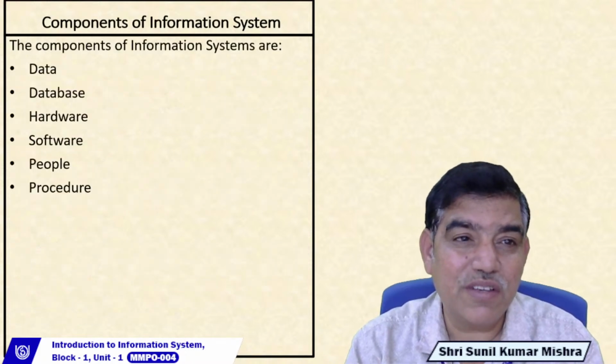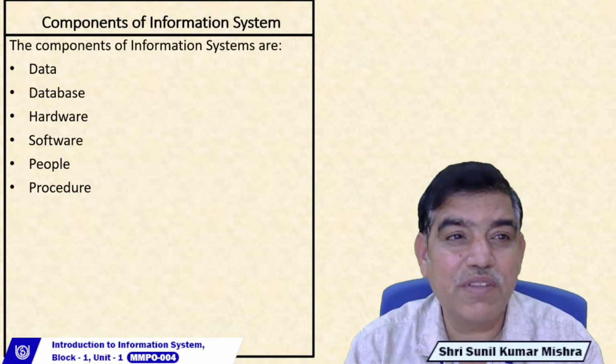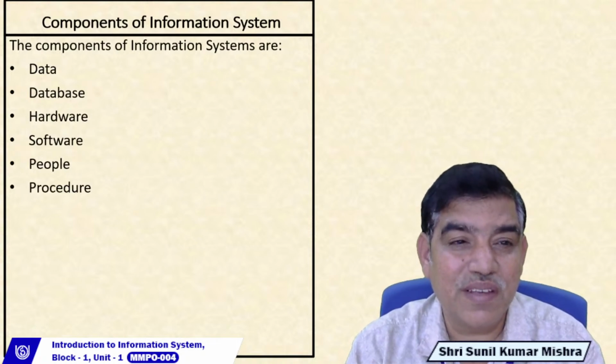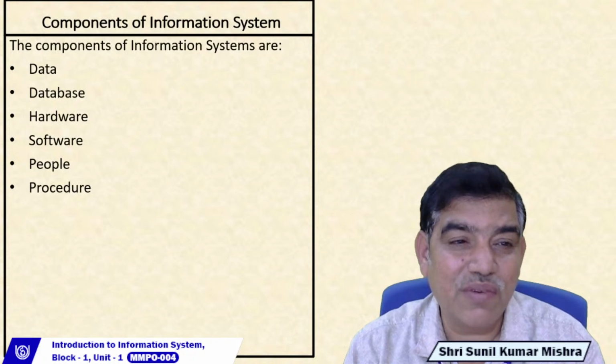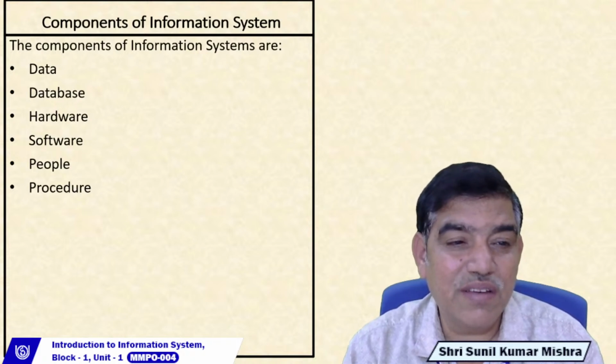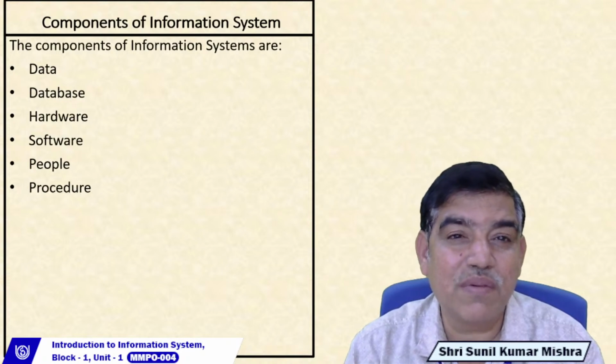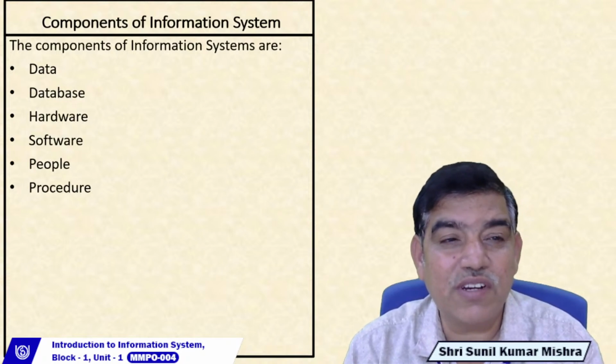Then we discuss the components of information system. Again, I am explaining. The components of information system are data, then database, then hardware, then software, then people and procedures. These are the important components of information system. What is actually data?